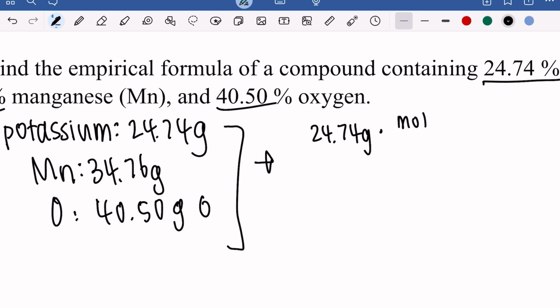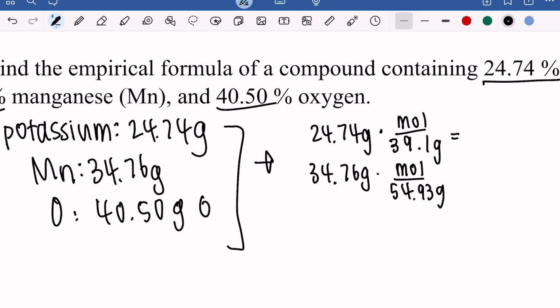The potassium molar mass is 39.1 grams, for manganese it's going to be 54.93 grams, and for oxygen it's going to be 16 grams. And now let's calculate all of these.